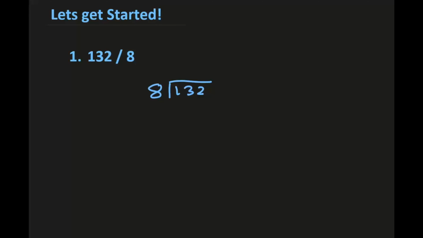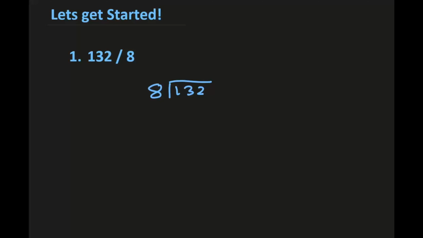Now let's divide. What are you going to do? We're going to find a part of this number that 8 can go into. So 1. Can 8 go into 1? Well, no, because 1 is less than 8. Now let's try 13. Yes, 13 is more than 8, so it can go into 13.